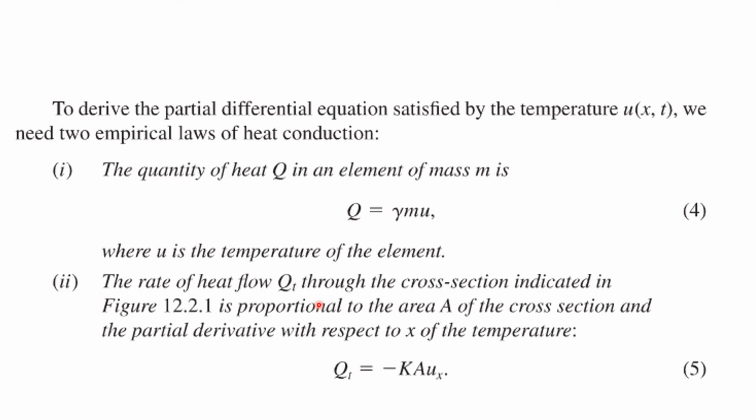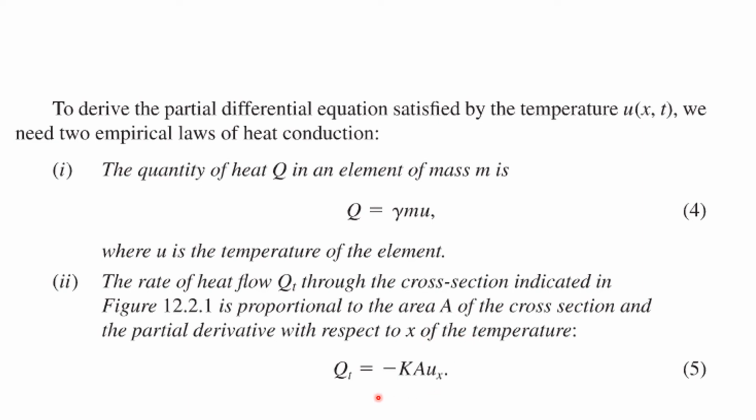And number 2, the rate of heat flow, and when it's saying rate, this is the derivative of Q with respect to t, or you could think about that being the partial of Q with respect to t, through the cross-section indicated in the previous figure is proportional to the area of the cross-section and the partial derivative with respect to x of the temperature.